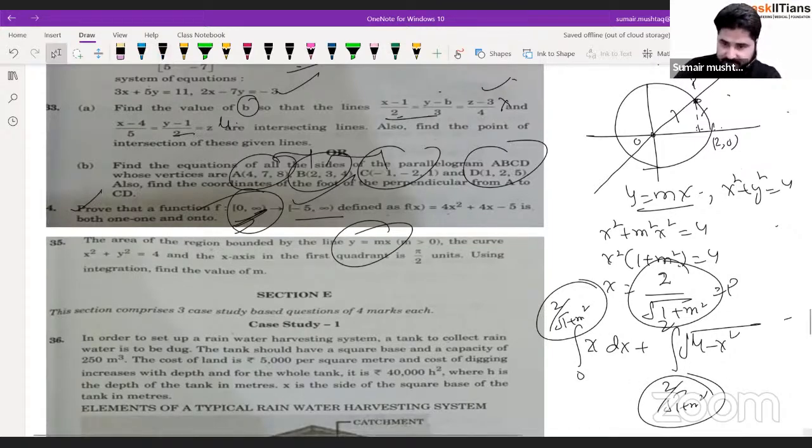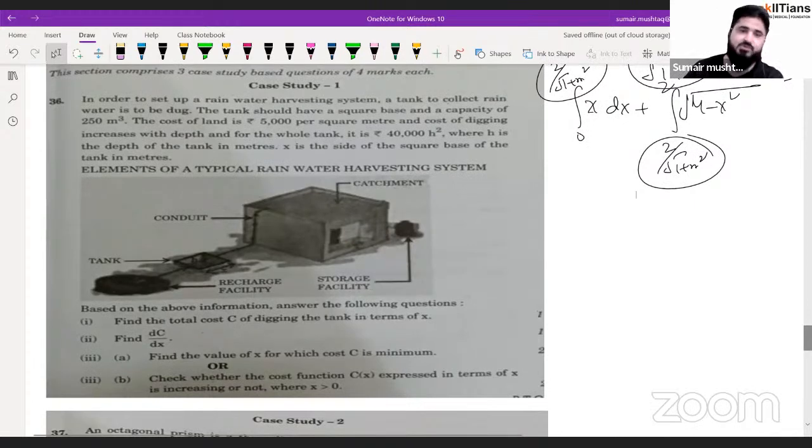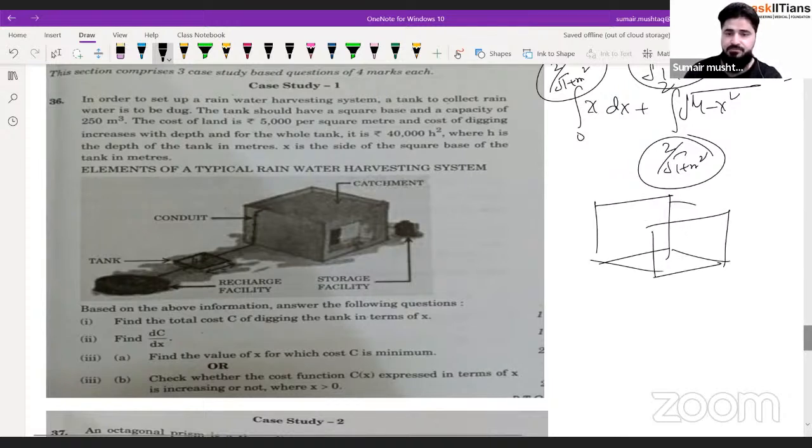Okay, guys. Now, next, these are the basic questions. Let me take a quick review of these things. This is a cone. Now, what will be its cost? It is 5,000 per square meter for the walls and the land, and the cost of digging is 4,000. First of all, its capacity is this.